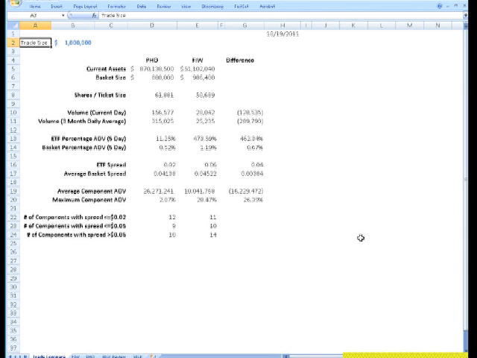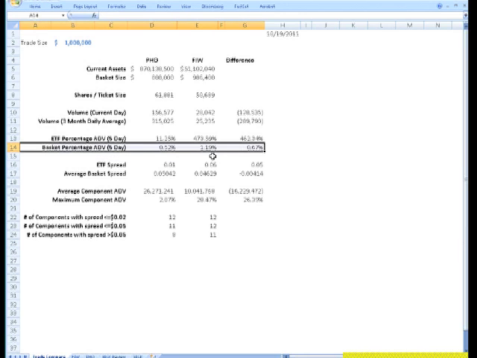In terms of an exchange-traded fund, shareholders really aren't impacted that much because, again, in the same way that we talk about here, this basket percentage of ADV, if you look on the page here, basically, for instance, if FIW were to liquidate tomorrow, there might be some names that might have some impact to their prices.